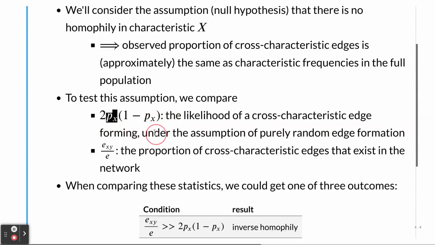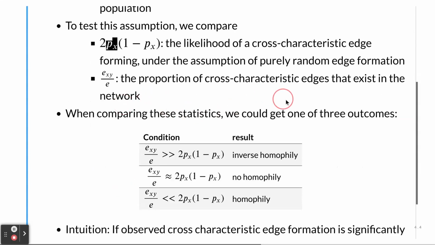We want to compare that to the actual observed proportion of cross characteristic edges that we observe in our network. Now, when we compare these two numbers, we could get one of three outcomes.